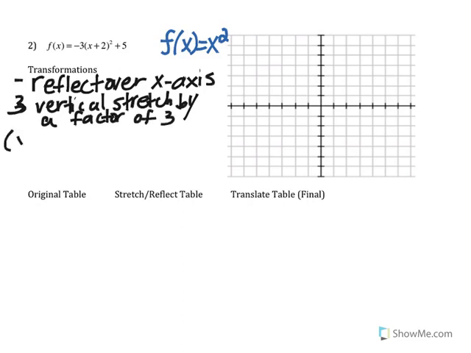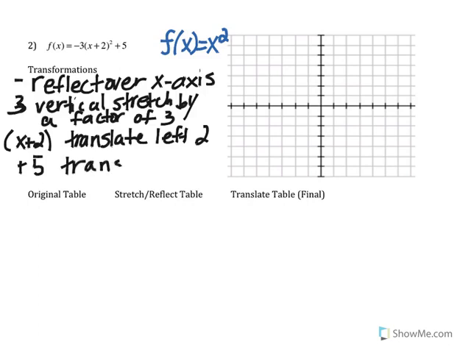The x plus 2 is going to be a translate left 2. And the plus 5 will be a translate up 5. So we want to do that first piece at the same time, right here. And that's just going to be a multiply by negative 3 on your y column.